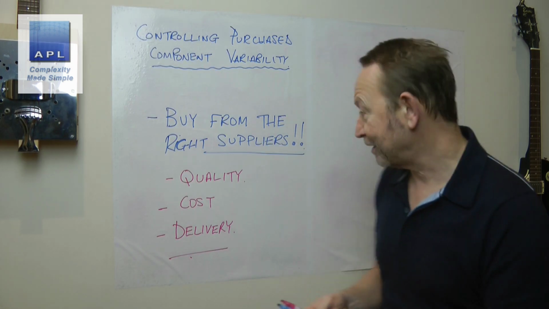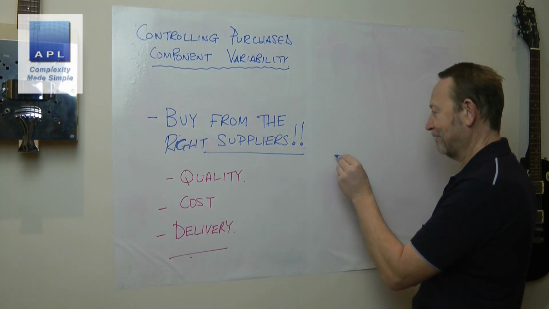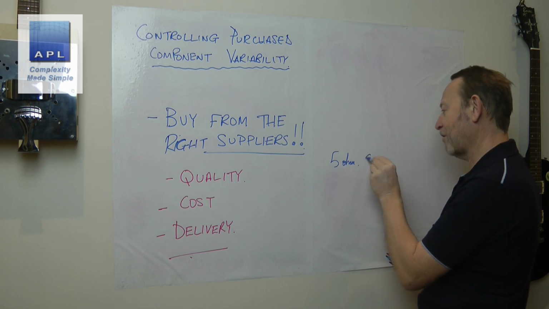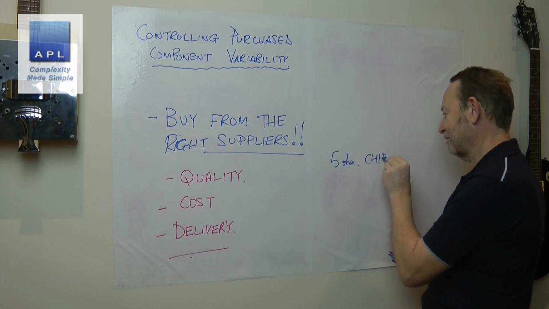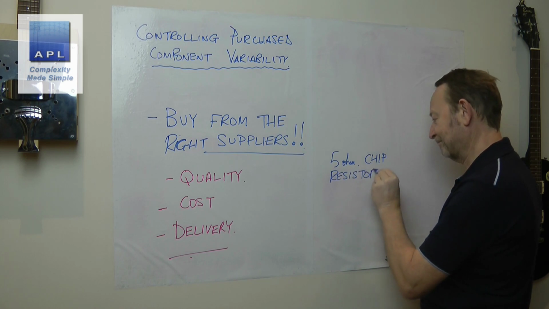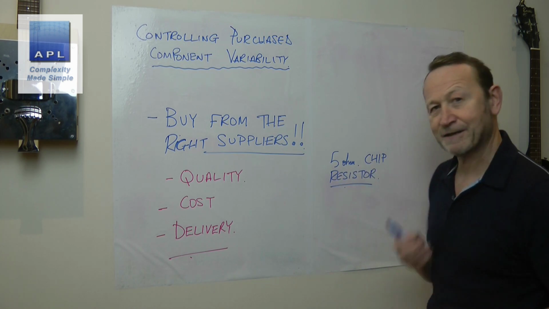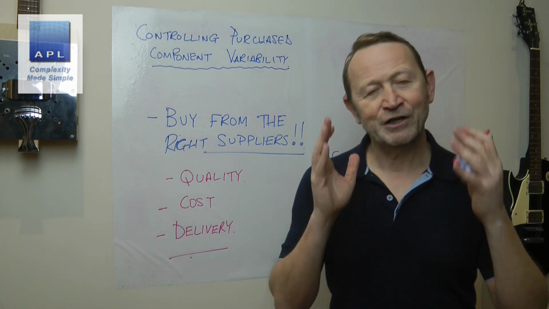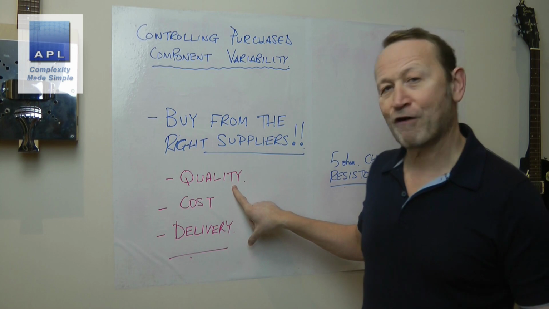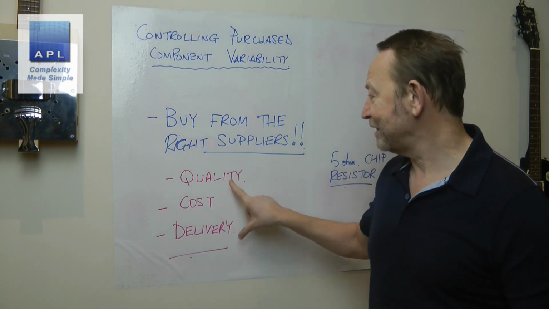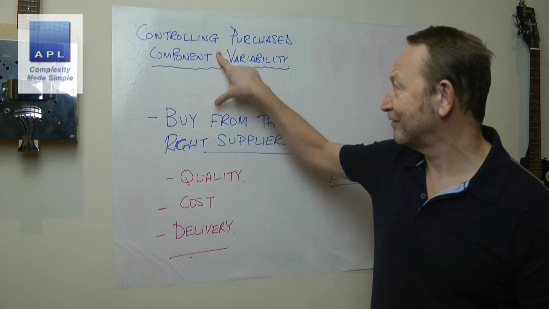So if you say, I want to buy a 5 ohm chip resistor, I need to find a supplier for a 5 ohm chip resistor. The first thing you do is find a supplier or list of suppliers that meet your quality.